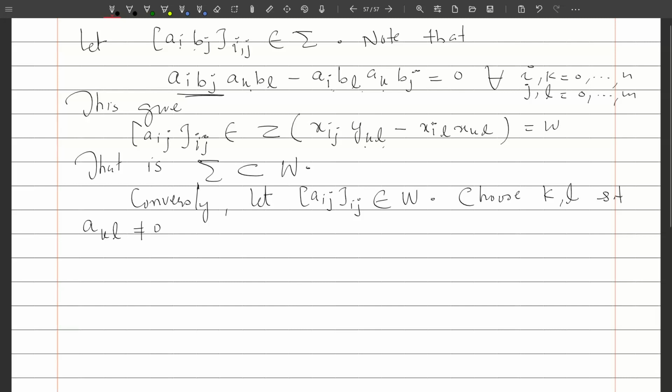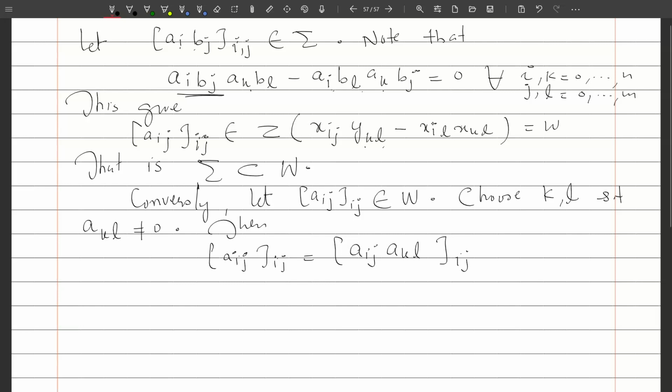So if this is non-zero, then we know that the vector a_ij is the same as the vector a_ij times a_kl, because any two vectors which differ by a scalar multiple are the same.